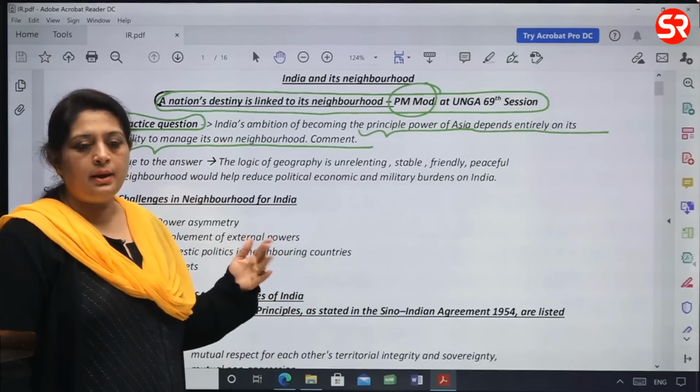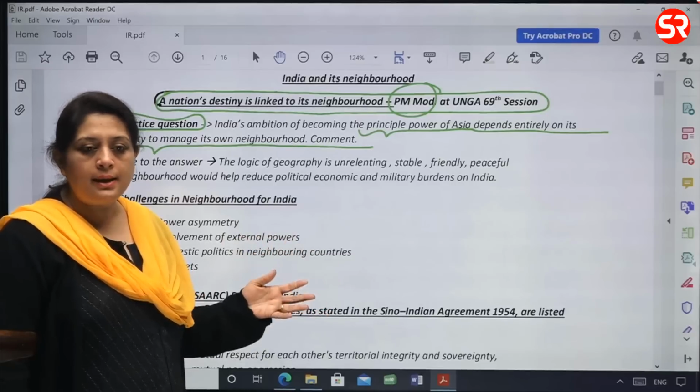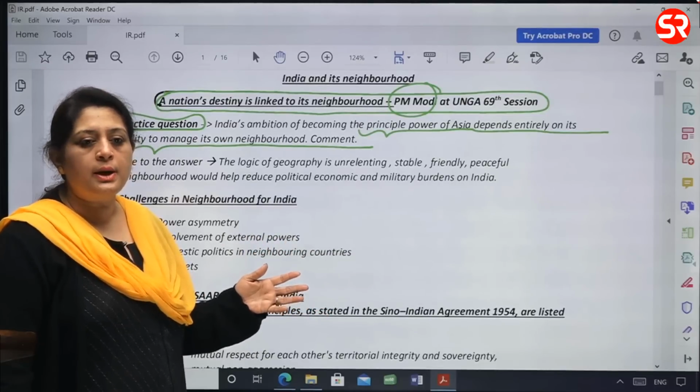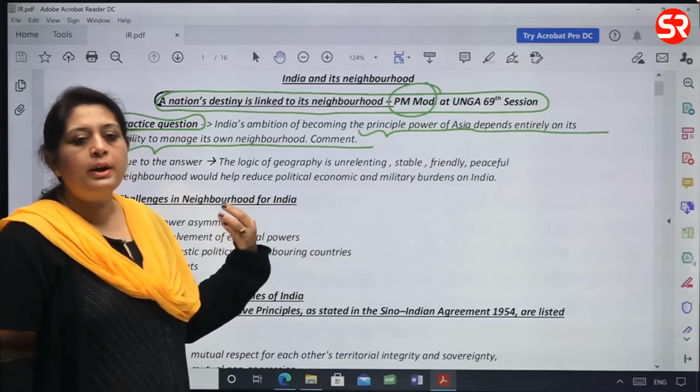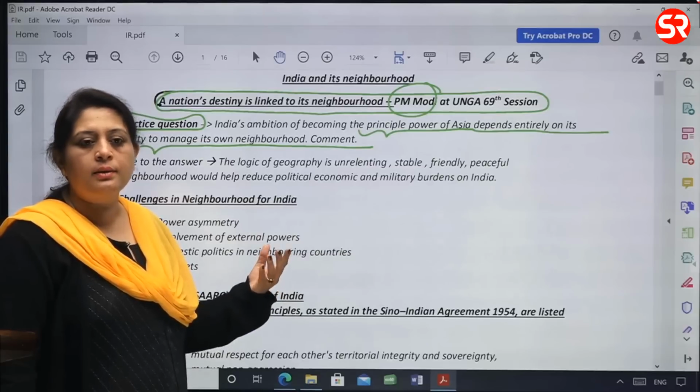That is why it is said that the real test of the foreign policy of any country is how it deals with its neighbors.